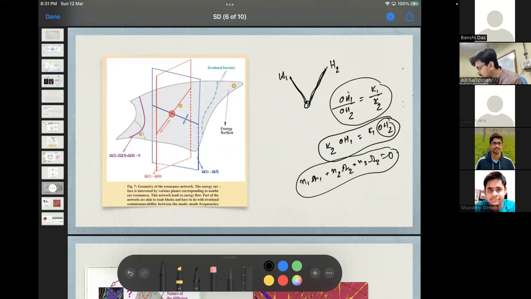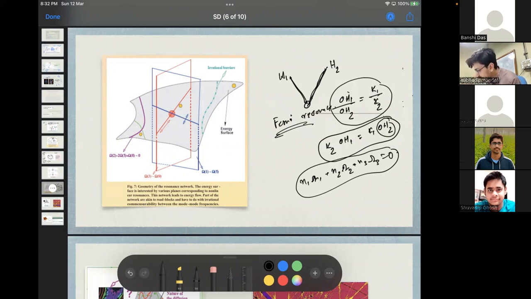Quantum mechanically, this classical nonlinear resonance translates to quantum Fermi resonance. This will be very interesting: the analogy between the classical resonance and the Fermi resonance. These resonance conditions transfer to the Fermi resonance in quantum mechanics.